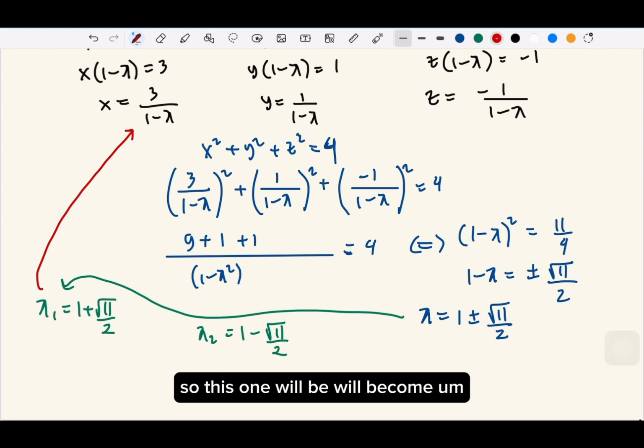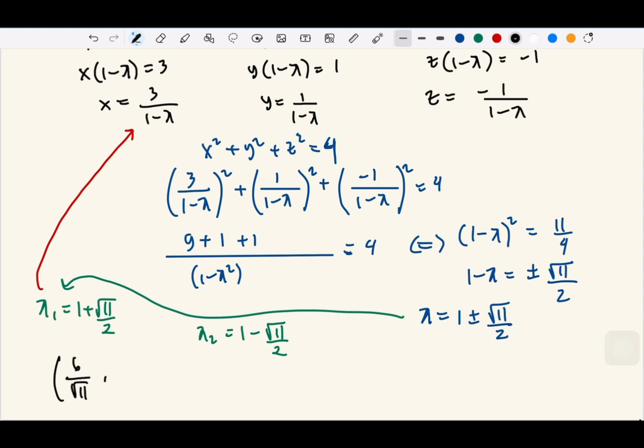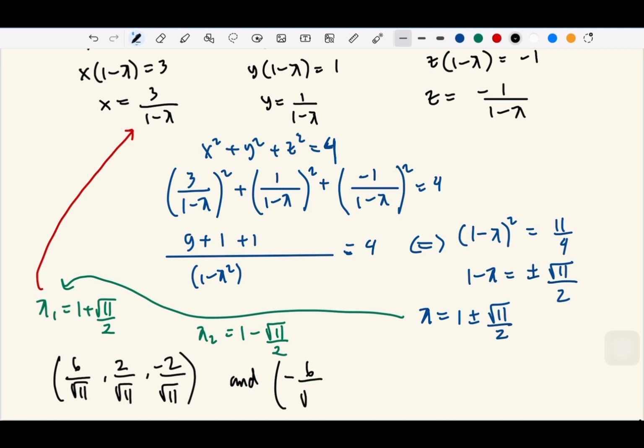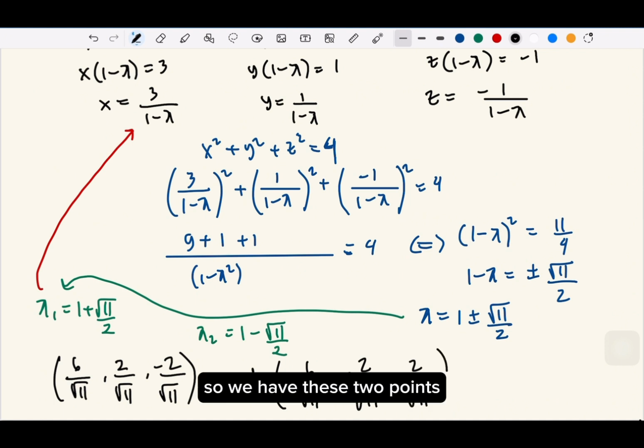So this one will become, so the value will be 6 and then another one is negative. So we have these 2 points.